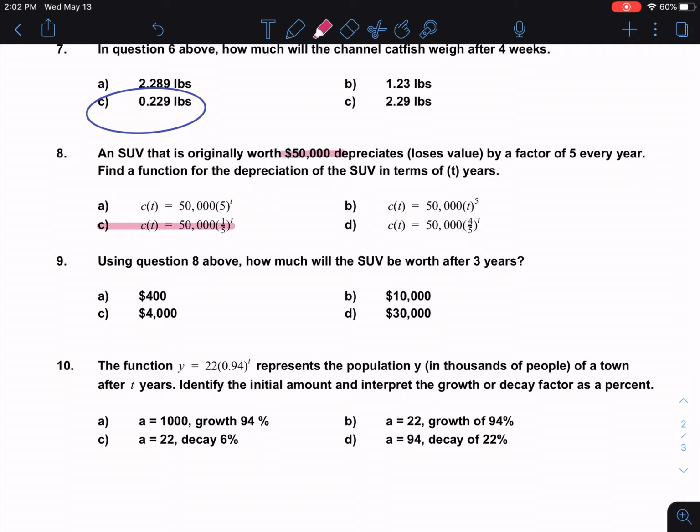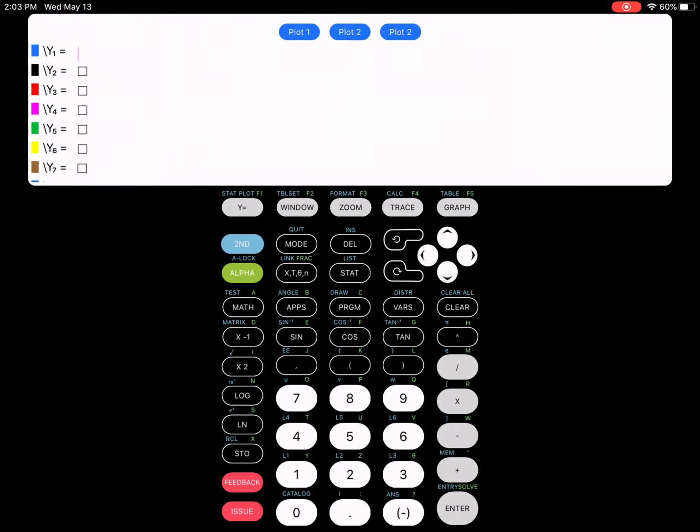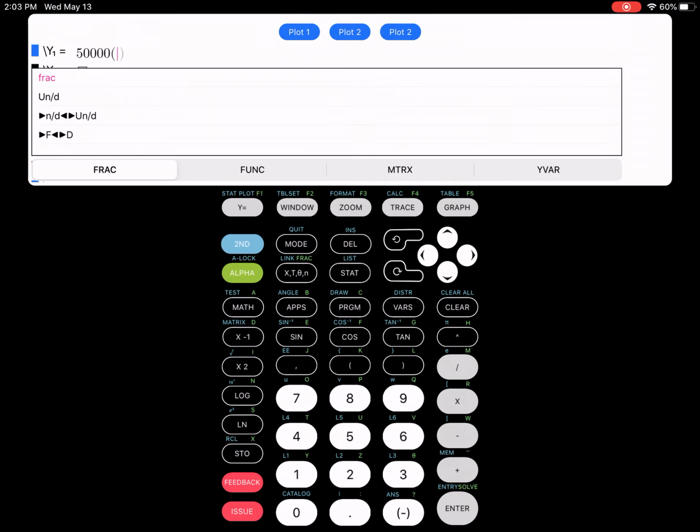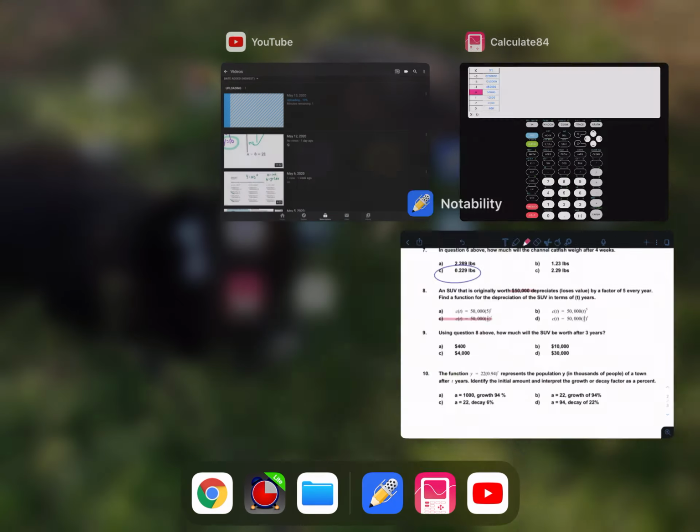Okay. After 3 years, so we're going to put that once again here. Let's clear this. 50,000, and then Y equals the fraction 1/5, close parentheses, to the x, and then second table, and it says how many years?